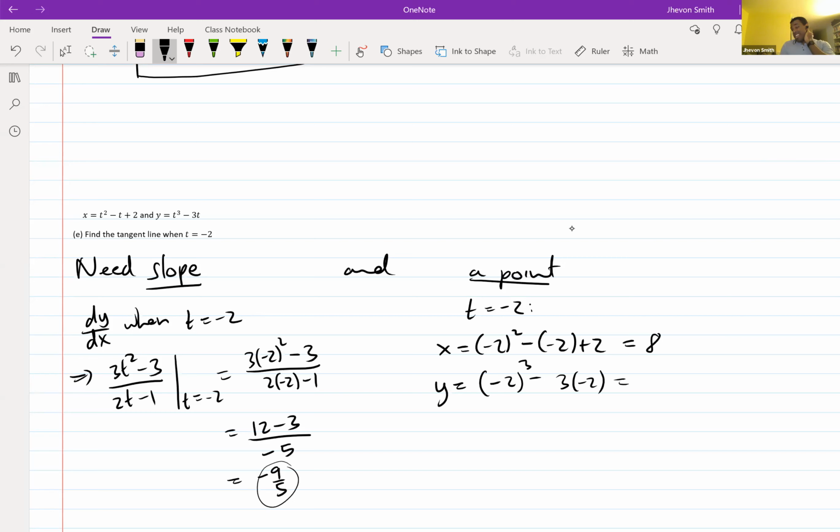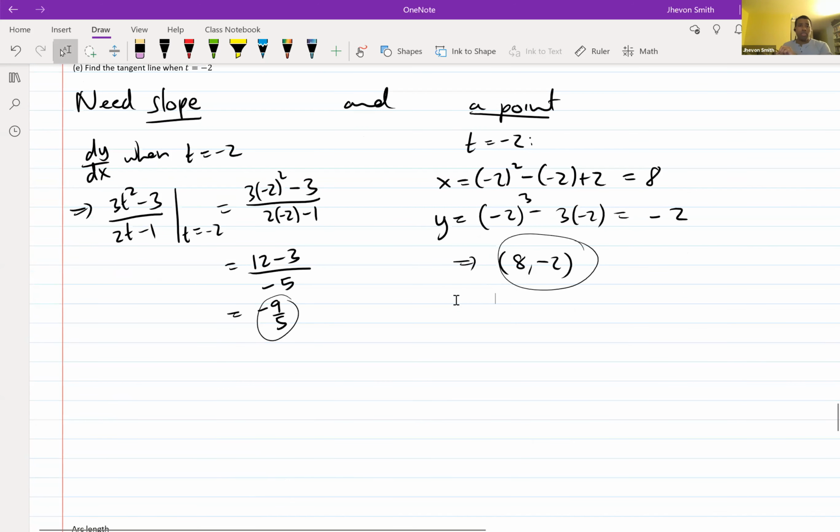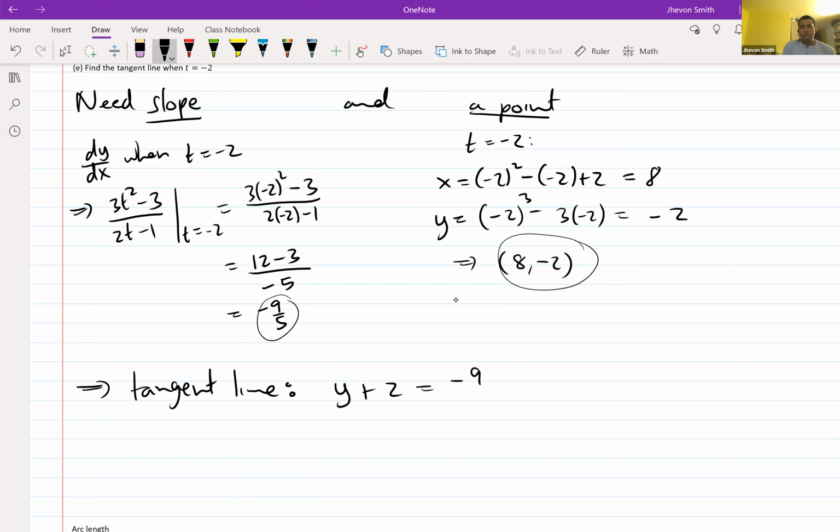That's -8 plus 6. So this means the point is 8 comma -2. And so we have a slope and a point. We can find the tangent line: y minus y1 equals m times x minus x1. That's our tangent line.